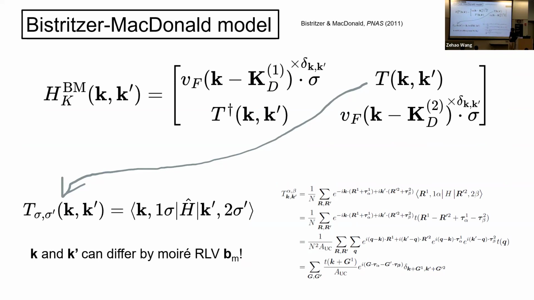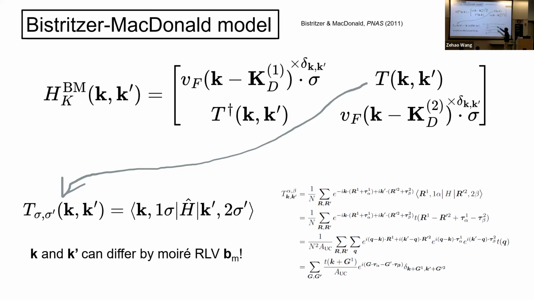And basically, it's a rather simple model. Remember that we have effective valley symmetry. So we can focus on, say, one valley, valley K. And basically, the BM model is effectively a 4x4 matrix, right? There are these 2x2 blocks, and each block represents a layer.